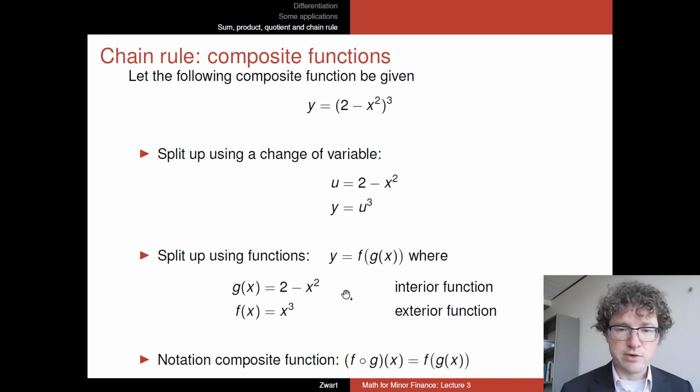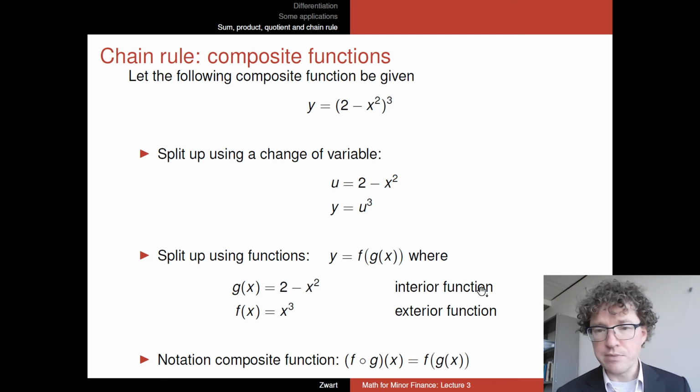We actually have names for those. The function which we have to apply first, in our case 2 minus x squared, which I call g, we call the interior function, the thing you do first. And then on the outside, applied to the result of that, we have the function f, which is raising to the power 3. We call that the exterior function.